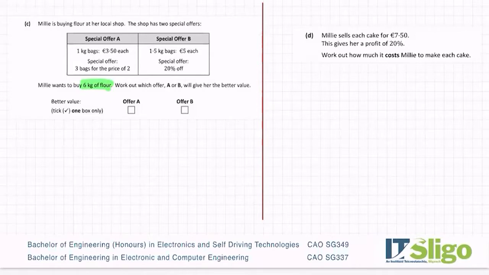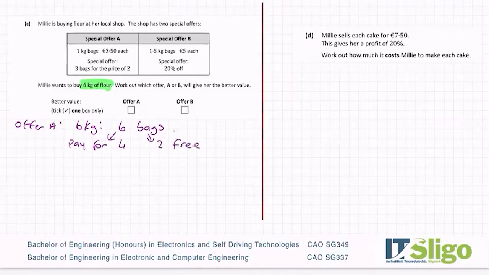Okay, so let's look at offer A. She wants 6 kgs of flour. So therefore, for 6 kgs, you would need 6 bags. Okay, the special offer, 3 bags for the price of 2. So out of each bundle of 3 bags, you're only paying for 2.